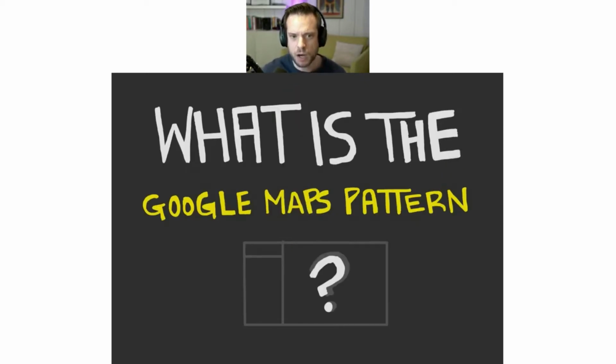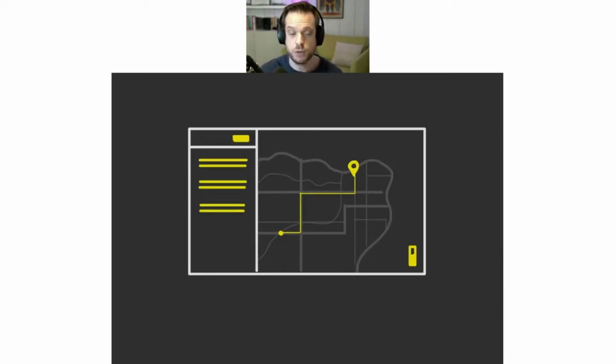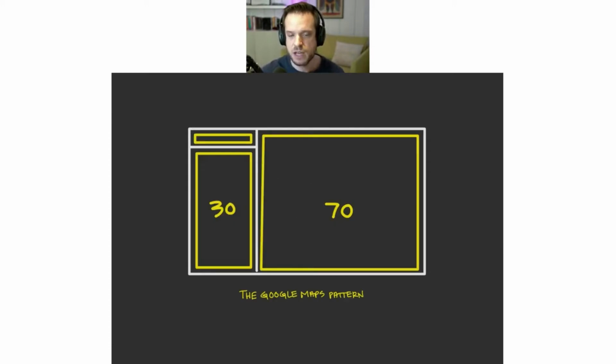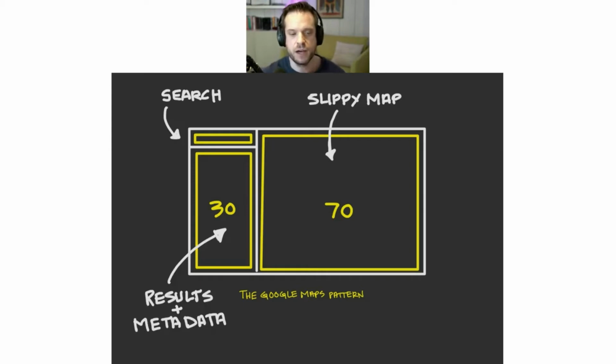So what is the Google Maps pattern, you ask? Well, that's a great question. This is what I coined as the Google Maps pattern, and it's really this 30-70 split in the screen where you have 30% of your sidebar as results and metadata, I guess is what I'll call that. And then the other 70% is what I call a slippy map.